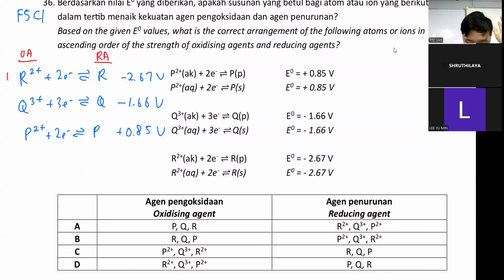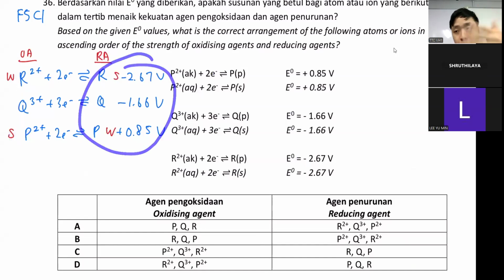Then only weak, strong, strong, weak. Because the agent from weaker becomes stronger in order going downwards. This one reducing agent terbalik, from bottom to upwards. From weakest to strongest means up, bottom to top.